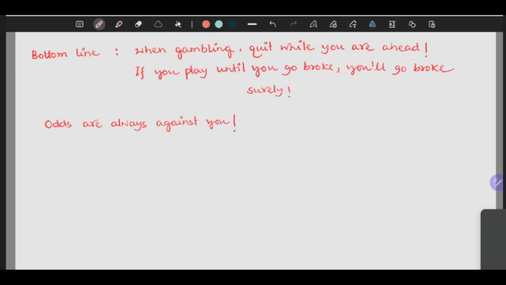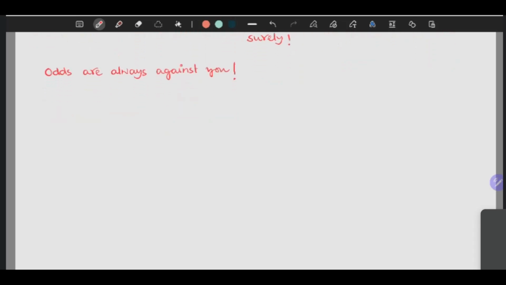Okay. Now the real case, if it is an unbiased random walk.